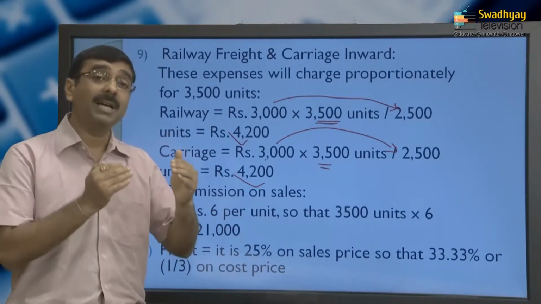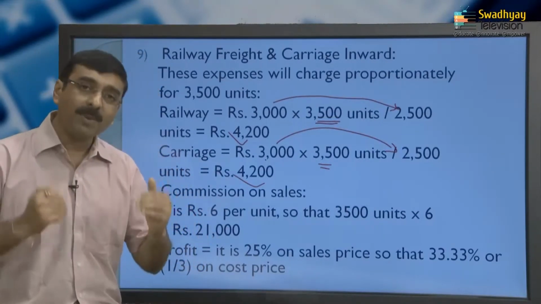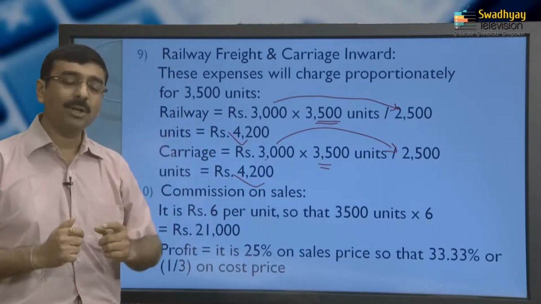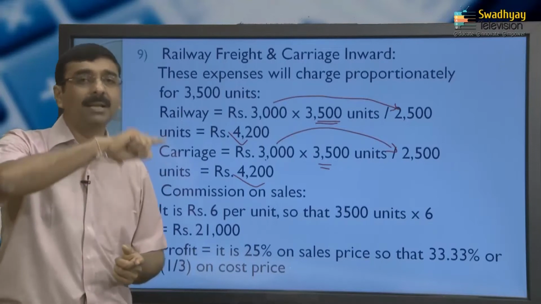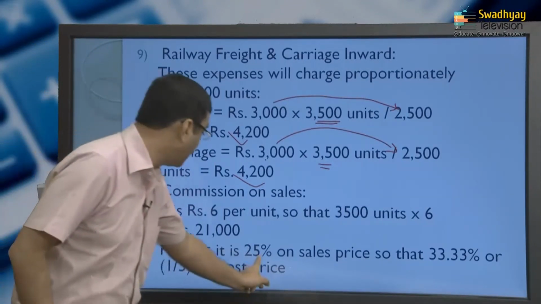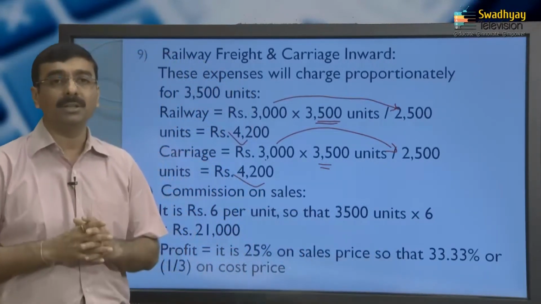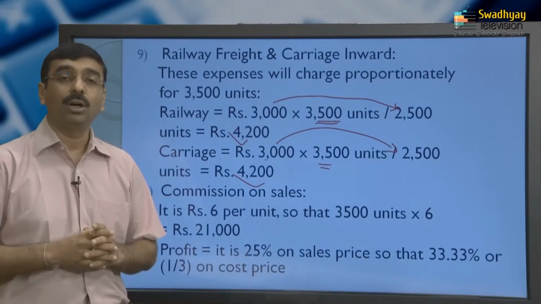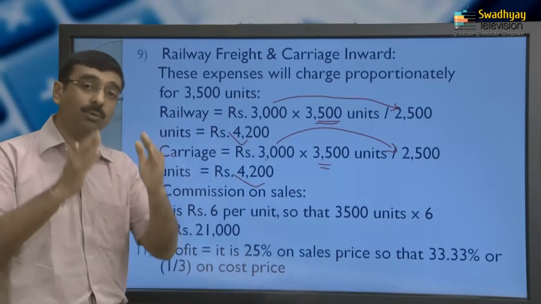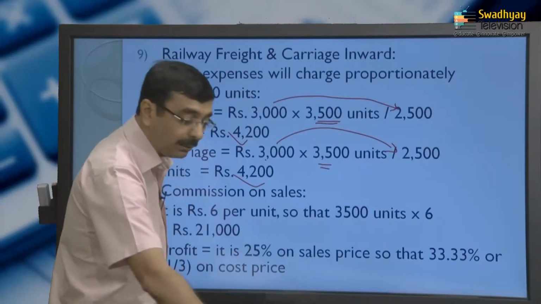If it is charged on sales price, we need to calculate it on the basis of the cost price, because we have the cost price. So if 25% on sales price is given, it would be calculated as 33.33%, or one-third, of cost price, and we will calculate that at the time when we find out the profitability. It is the last part of the estimated cost sheet.